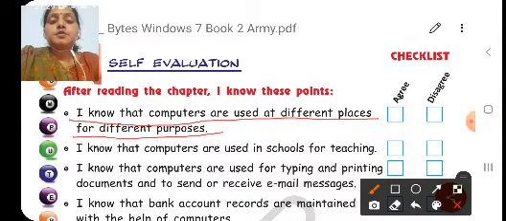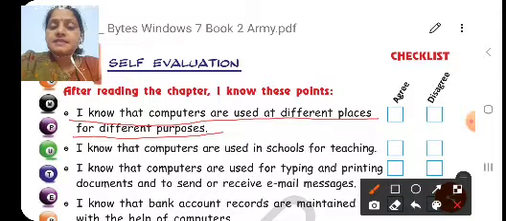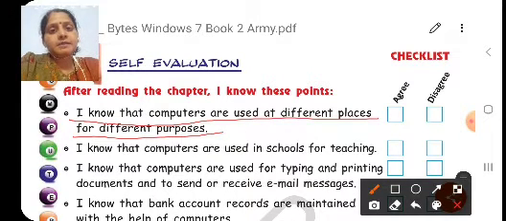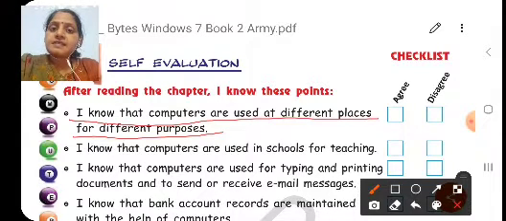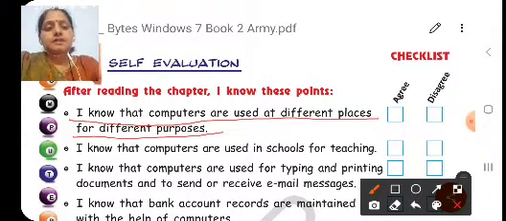Purpose का मतलब होता है काम. तो हर जगह एक ही तरह का काम नहीं होता है. हॉस्पिटल में हम उससे दूसरे काम करते हैं, बैंक में दूसरे काम करते हैं, घर पे दूसरे काम करते हैं. तो हर जगह का काम अलग होता है, और क्योंकि ये सारे काम कर सकता है, इसलिए हम इसको यूज़ करते हैं. So children, first statement is true, and this statement we have learnt from the chapter.